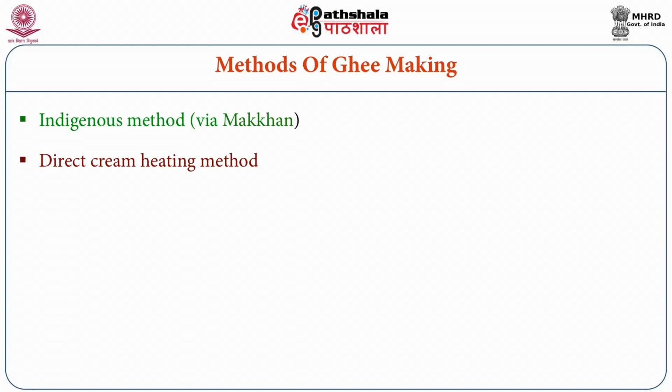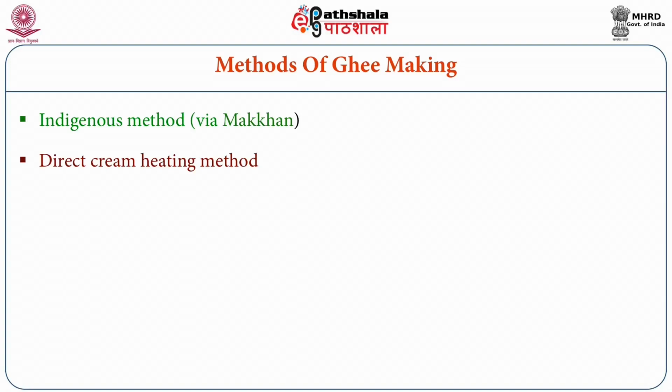The second one is direct cream heating method, wherein you will be directly starting with cream. But if you have a higher fat cream, even by reseparation of the already separated cream, for example, generally whenever we separate cream, the fat content will be something around 35 or 40% fat. If you reseparate the cream, you may get 65-70% fat.